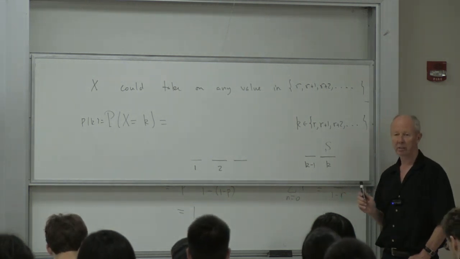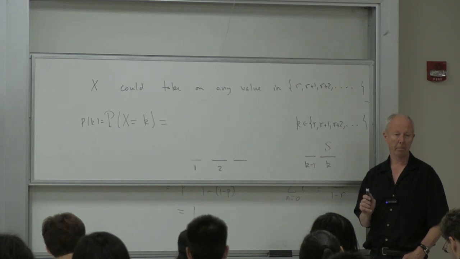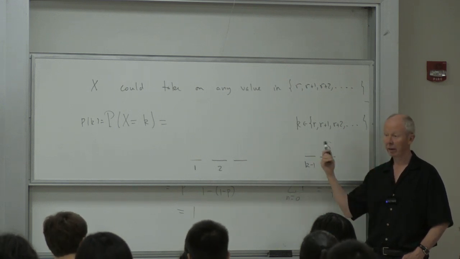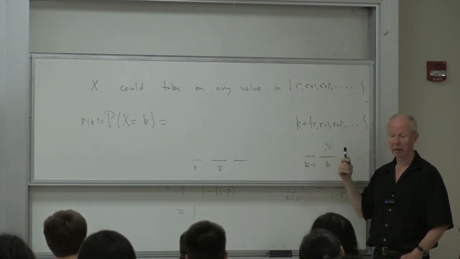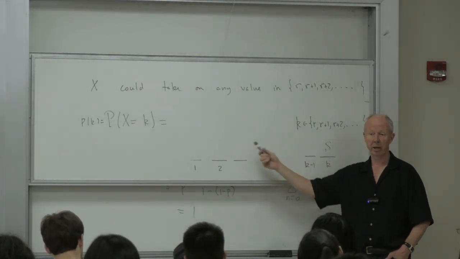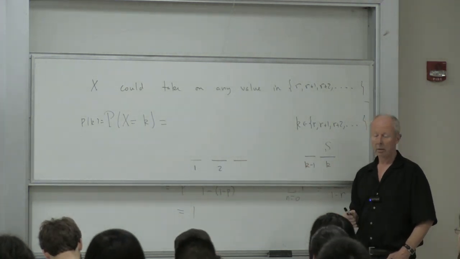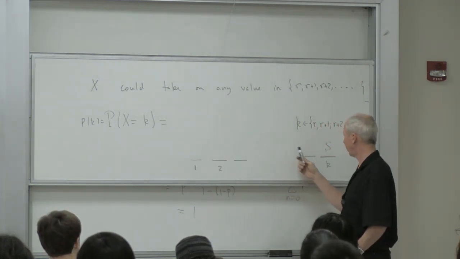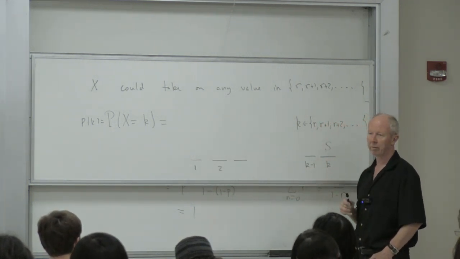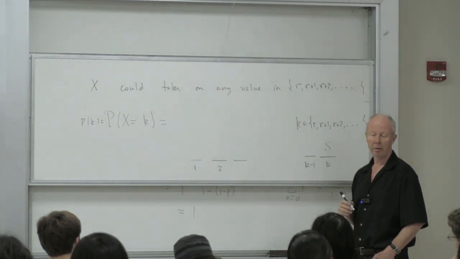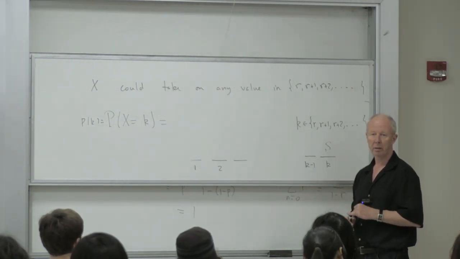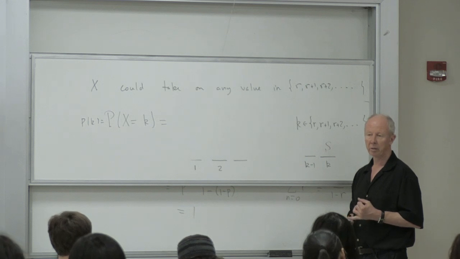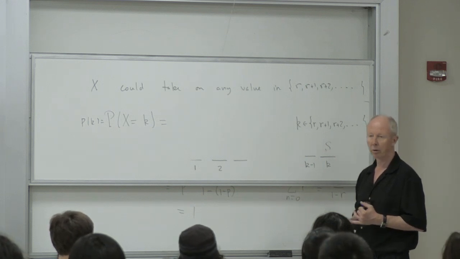How many other successes are there? K minus R, minus 1, yeah. So there are R minus 1 successes that have to go in here. So what would be the probability of any particular sequence that had R successes and the rest failures? The probability of success is p, and these are independent trials, so we'd have a p to the R, and then 1 minus p to the k minus R.